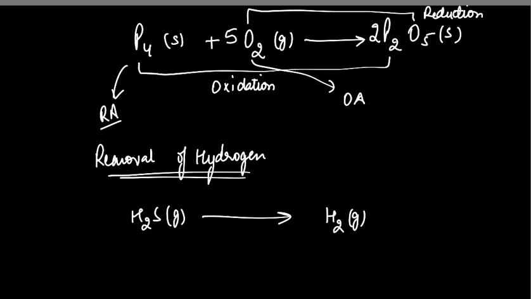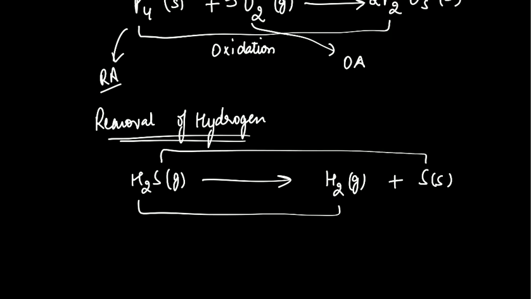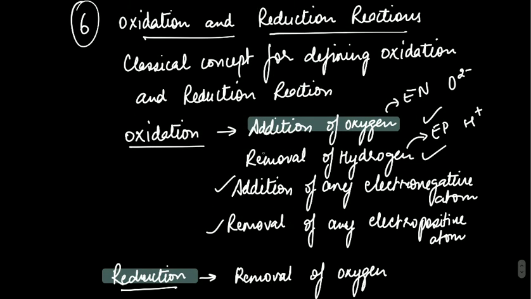This is a decomposition reaction. And sulfur, which is in the solid state. It's a perfectly balanced equation right now. So hydrogen is getting removed from sulfur over here. If you go back to these definitions again, removal of hydrogen is also oxidation.